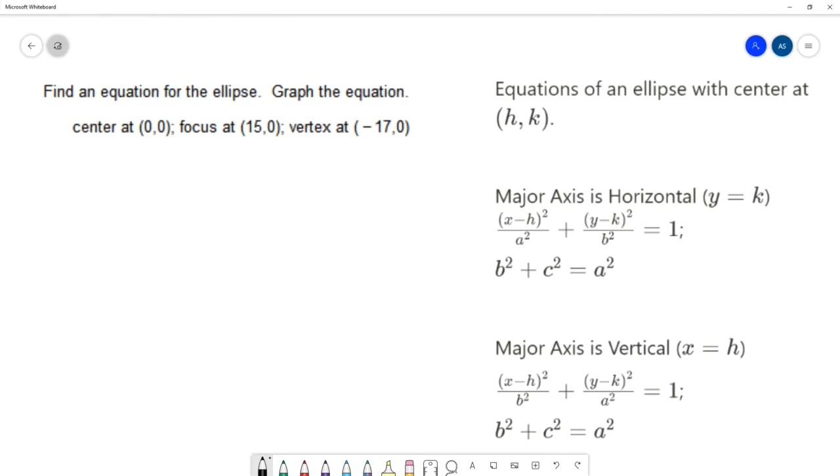I have a center at 0, 0, a focus at 15, 0, and a vertex at -17, 0.